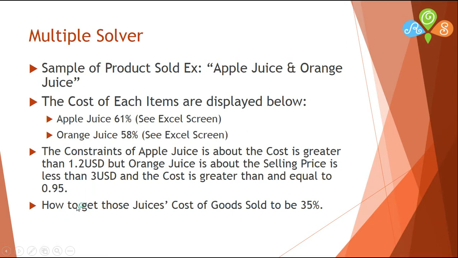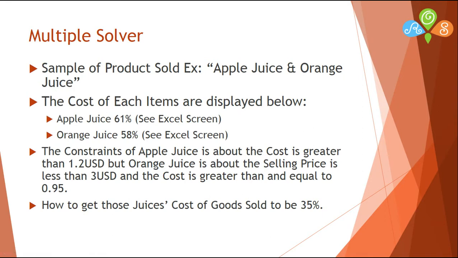So how do we get those juices' cost of goods sold to be 35%? We have apple juice 1 we can solve at a time, and orange juice 2 at a time. I just show 2 that are multiple already. You can do 3 and 4 by yourself.